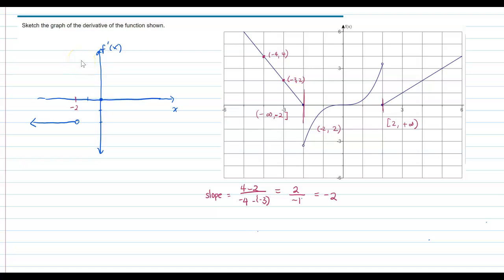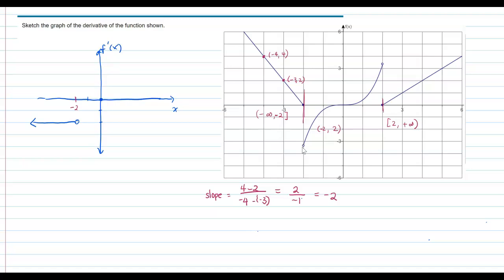Now, we want to know where it would start. To do that, we will have to approximate the slope of the tangent line at this point. Now, this is just an approximation.